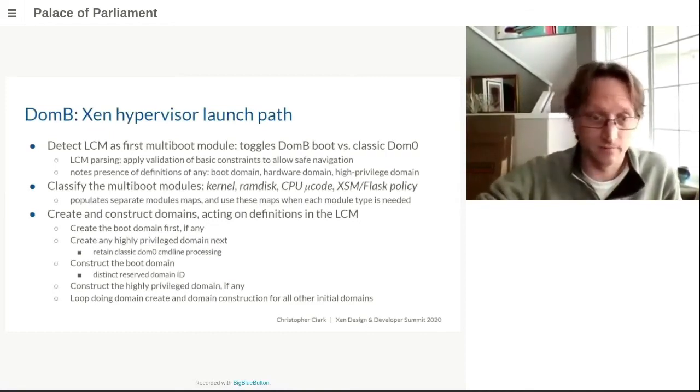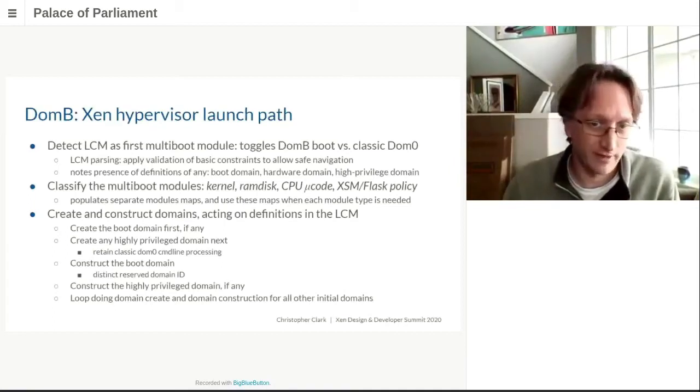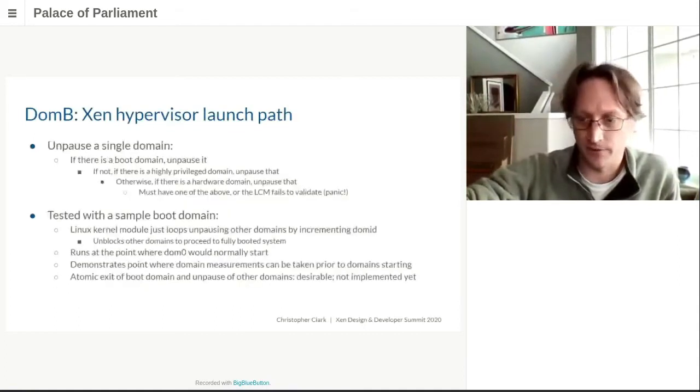And then after it's done the boot domain and the highly privileged domain, it will drop into a loop cycling through domain creation and construction for any other initial domains described.